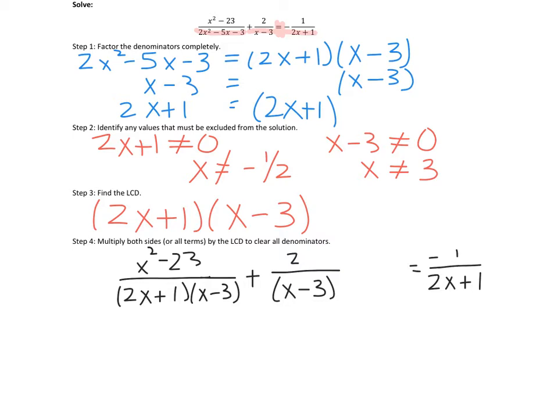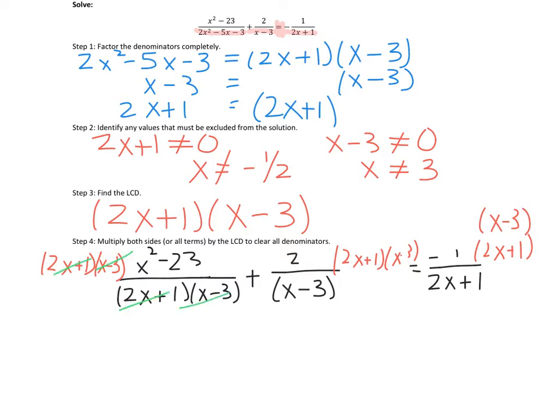Okay, so we're going to multiply both sides by the LCD. We are not making common fractions or equivalent fractions. We're multiplying each term by 2x plus 1 times x minus 3. That's going to clear all of our denominators. And then we're going to be working with just a normal equation. Okay, so let's see what happens.